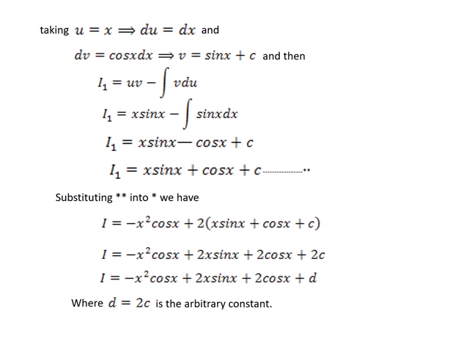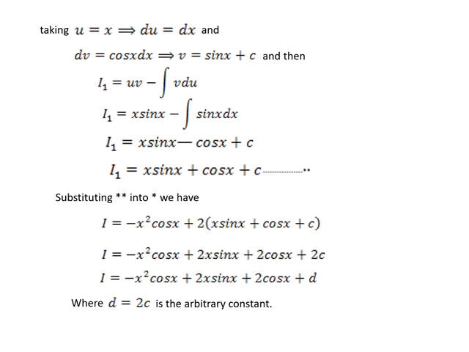Actually, if we integrate sin s, it gives us minus cos s. So that is why this minus will become positive here. Then we have it as s sin s plus cos s plus c.